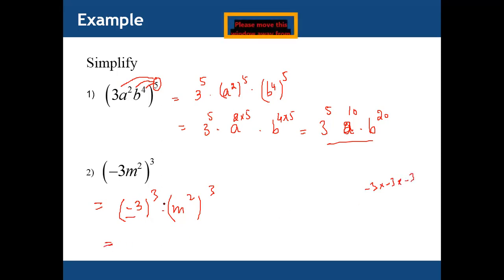The power is an odd number, so the result will be negative. Minus 3 times minus 3 is 9, 9 times minus 3 is 27, so minus 27. And for m^2 to the power 3, 2 multiplied by 3 is 6, so m power 6.